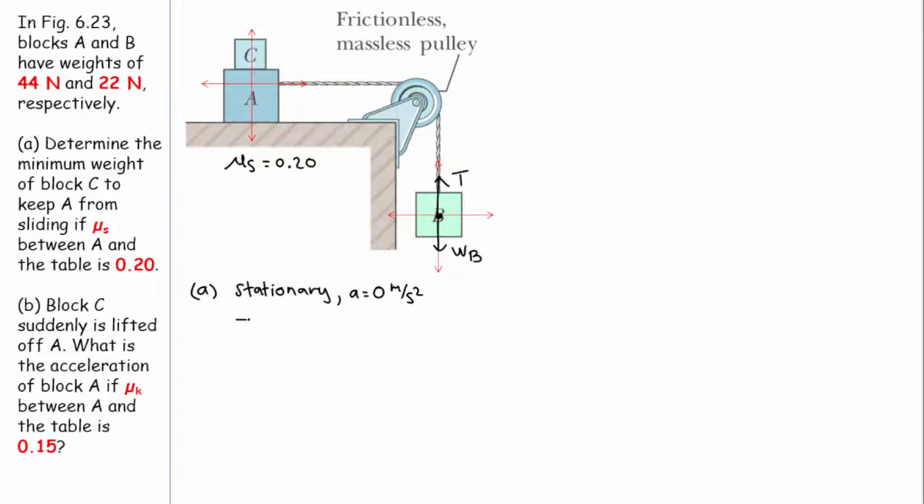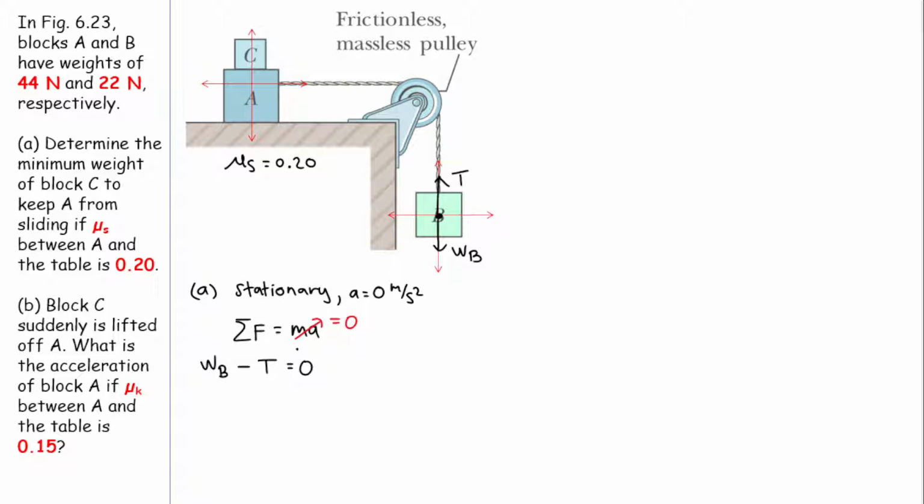So we can apply Newton's second law. Sigma F is equal to the mass times acceleration. And remember that we have no acceleration here, so I will have 0. And if we imagine this is moving, it moves down, so I want this side to be positive. So I will have WB, weight of B, minus T, and that will equal 0.